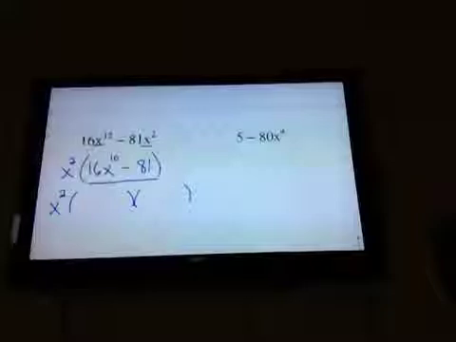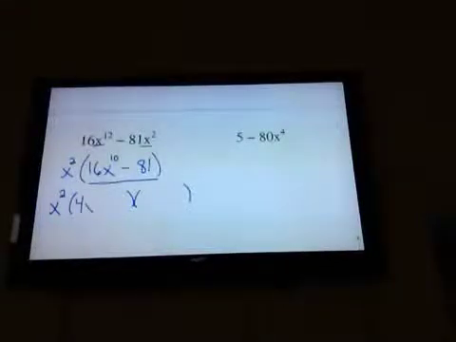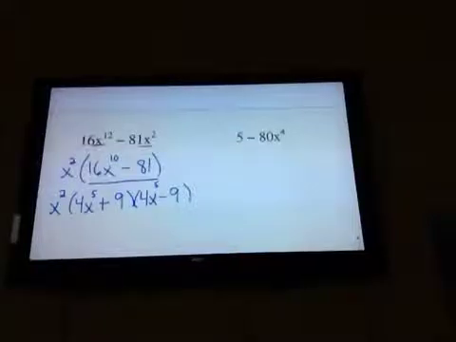So 16x to the 10th will break to 4x to the 5th times 4x to the 5th. 81, 9 times 9. 1 gets a plus and 1 gets a minus.